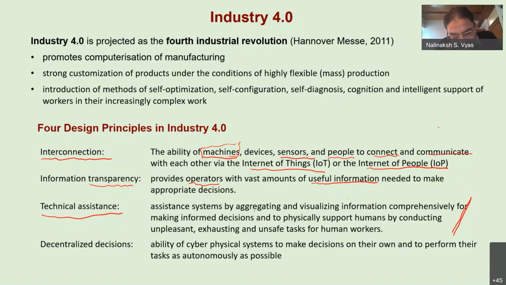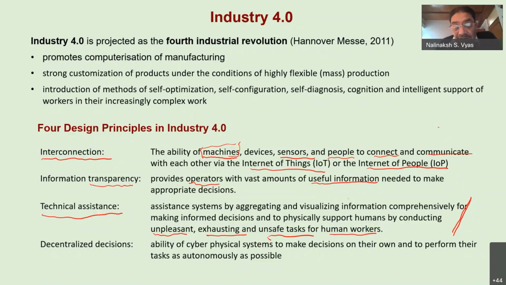So technical assistance can be provided either through human beings or through artificial intelligence wherever it is needed, and also perform unpleasant, exhausting and unsafe tasks for human workers, like cleaning up some of the mess in the nuclear power plants where it is too risky.